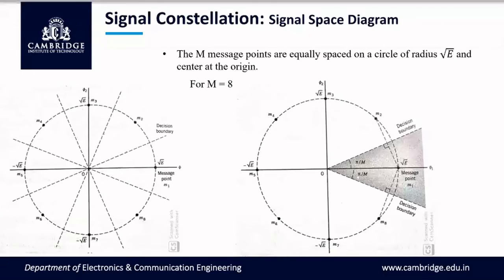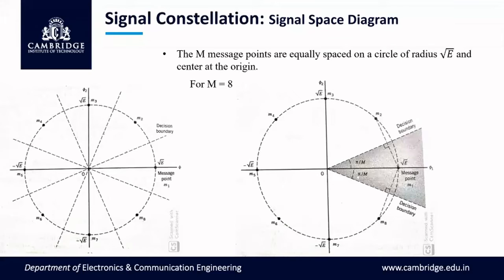Whenever there is a quadrature system, whenever there are two basis functions which are perpendicular to each other, we always end up with a two-dimensional x-axis and y-axis, taking one basis function on the x-axis and another on the y-axis. Keeping this two-dimensional system in mind, we try to represent message points on this system.